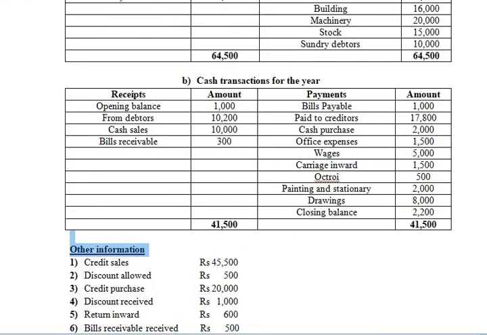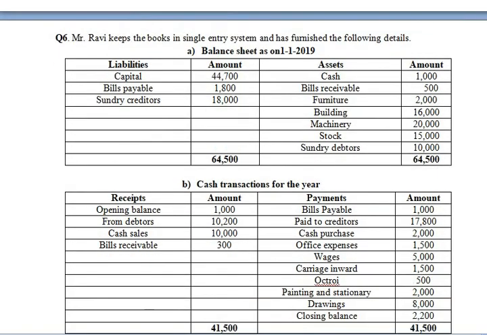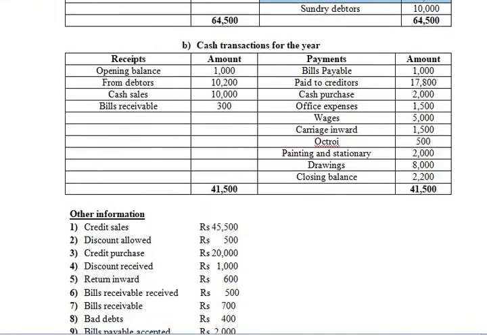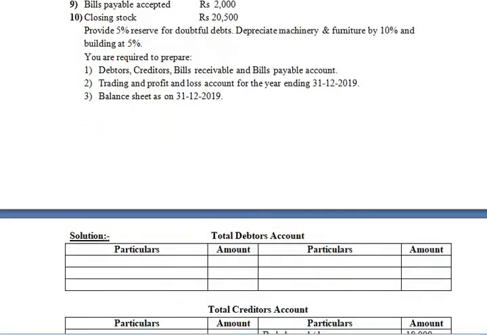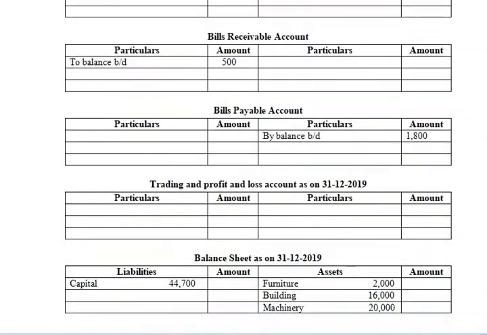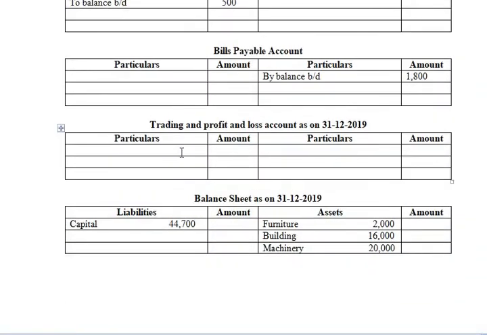So the next one, after furniture, building and machinery, next you have is stock. Now stock, this is nothing but the opening stock, and where will you take the opening stock? It goes to trading account. So let's go to trading account. Yes, trading and profit and loss account. So what will you write here?